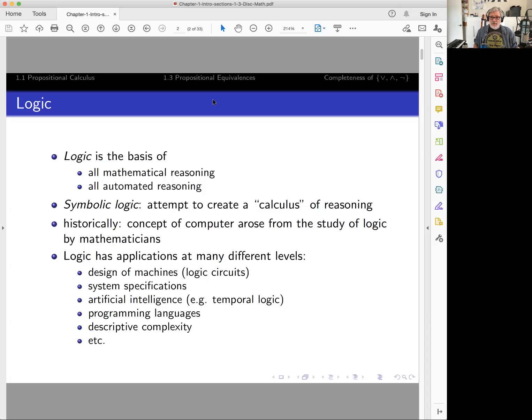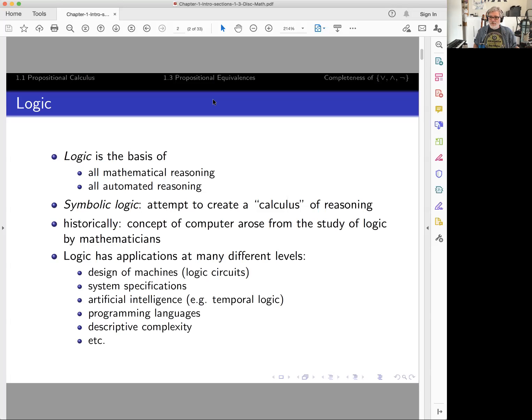Logic has applications at many different levels in math and computer science. At the very basic level, the actual design of machines, it's logic circuits. These are circuits basically built to do logic, and we're going to see that very soon. You may have heard things such as system specifications. Logic is used there. Temporal logic is a kind of logic that's used quite a bit in artificial intelligence.